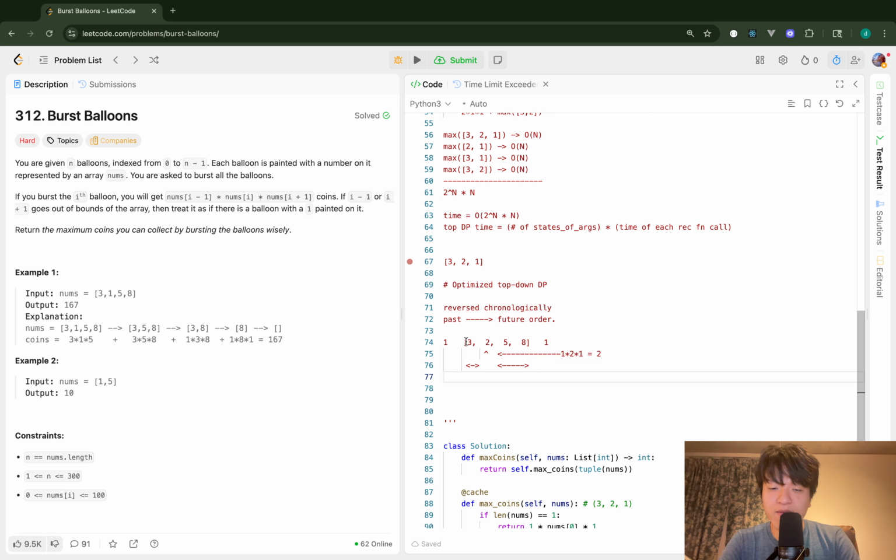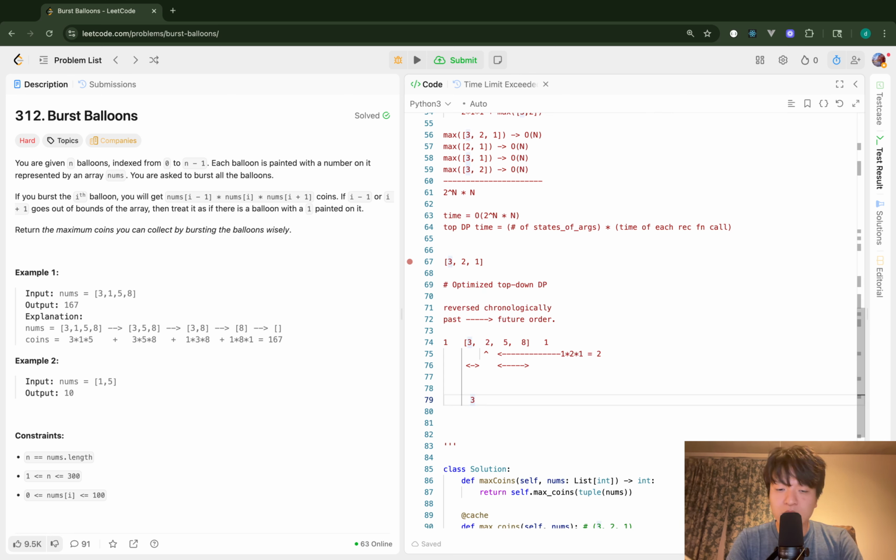And when I think of this 3, how many coins can I get from this 3? So when I burst this coin, I can say this 2 is still remaining because I thought of the case when 2 is the last balloon to be bursted. So the right number of 3 is now 2. And how was the left number?